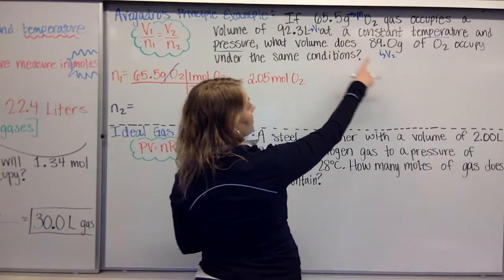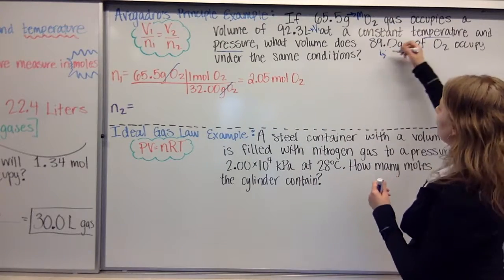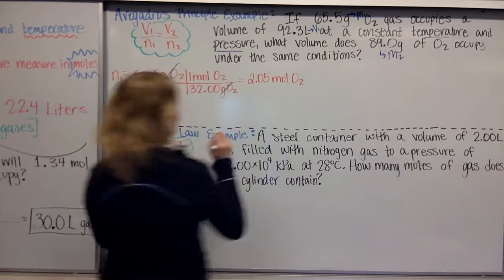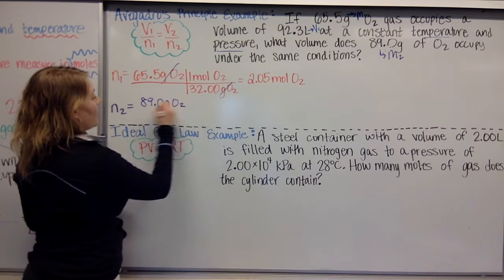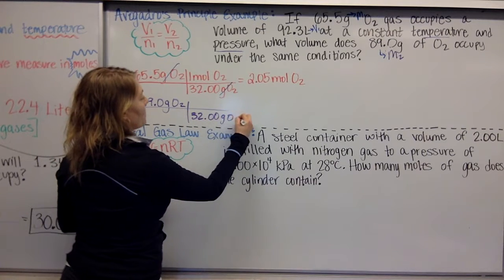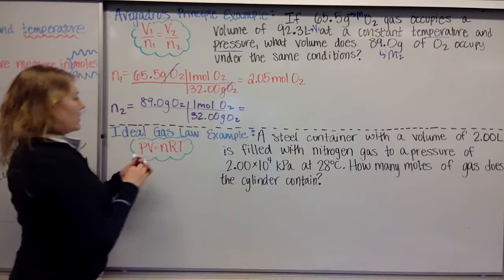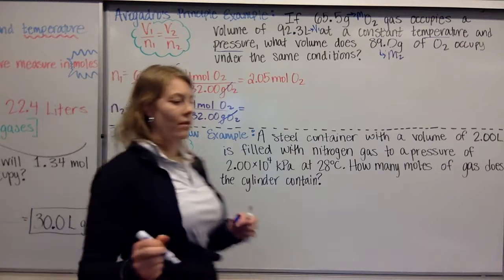Oops, this is not a final volume. I apologize. This is a final mass. All right, so our m2 is 89.0 grams of oxygen. I'm going to set this up exactly the same. 32 grams of oxygen on bottom, 1 mole of oxygen on top, and our grams of oxygen cancel out. Okay, and we're left with moles of oxygen.